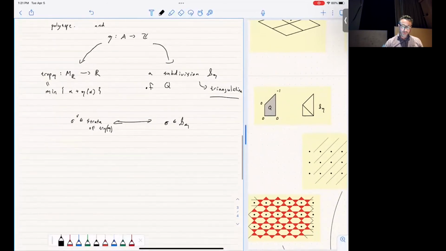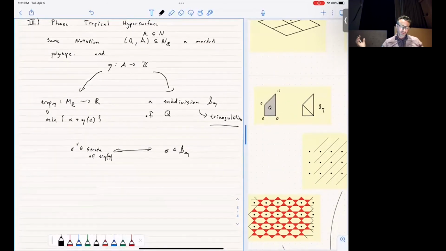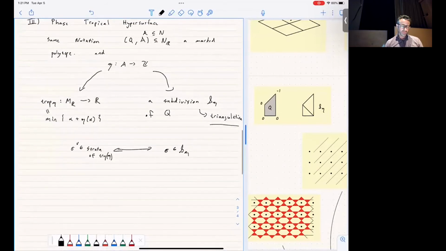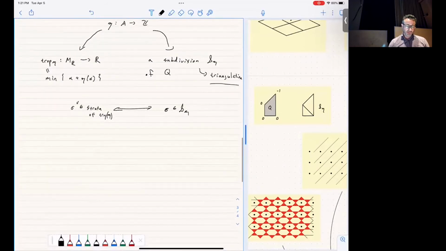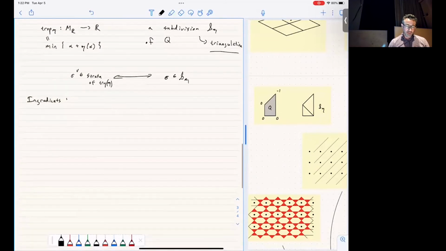Now, there are several ways of defining this phase tropical hypersurface. I'm going to give a by-hand, prescriptive definition, a little recipe. We need a few ingredients here, and then we'll assemble them to get our full guy.